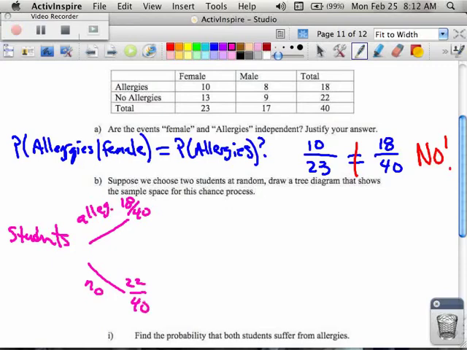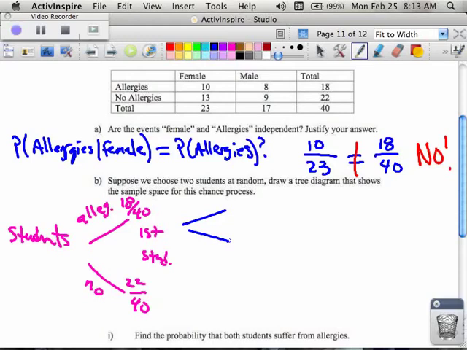And then, if we pick the first student, that's what our chances are. The second student, this is for the first one. And then we do this again for the second student. Because these are not independent, like you're not replacing the student, now you have a different student that you're choosing, right?